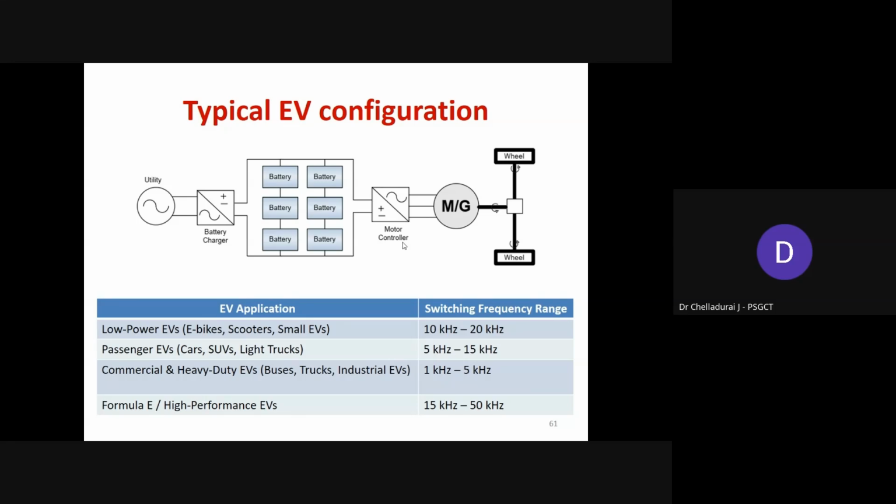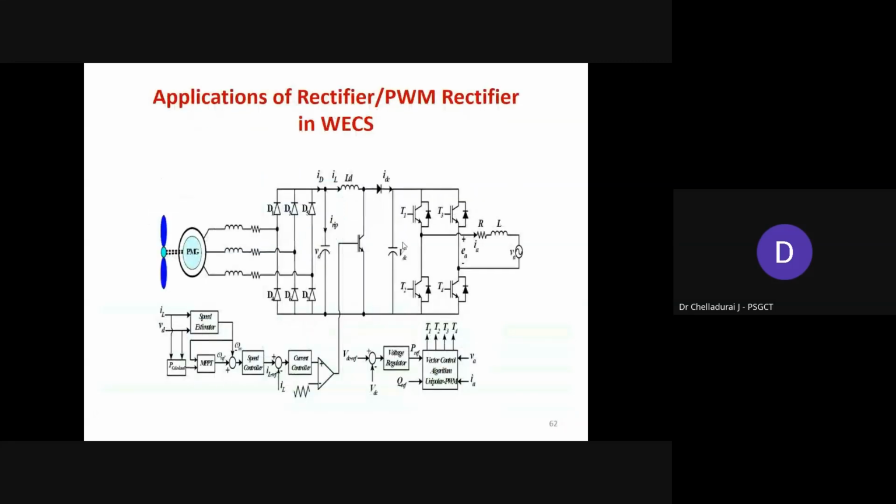So only by controlling these three parameters, we can achieve all the required industrial control needs. Then another one, the boost PWM rectifier, is very popular for any low power to high power applications. We can get a pure sine wave, especially the current wave shape can be easily improved with the help of this voltage source inverter configuration.